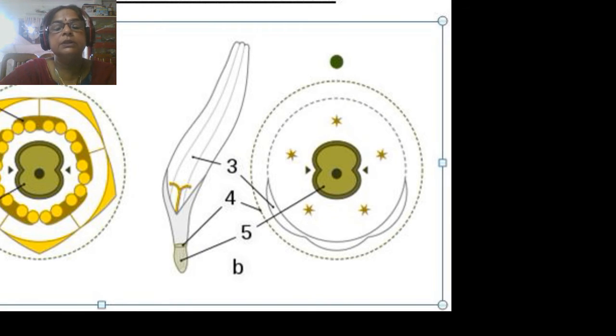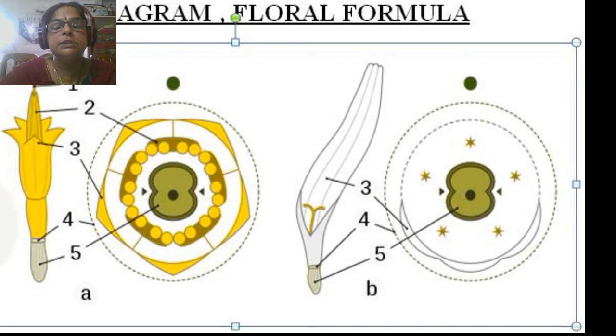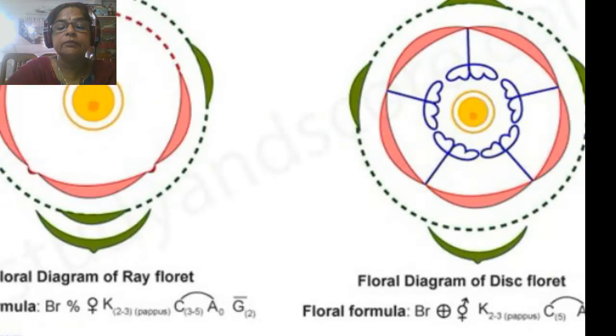These are the ray florets in the sunflower. You see the sunflower. These ligulate ray florets attract the insect for pollination. And this is the unisexual flower. This is the zygomorphic unisexual floret which is present on the periphery of the sunflower or Helianthus annuus.